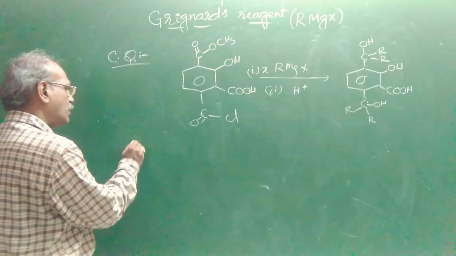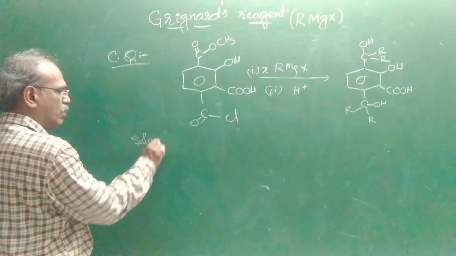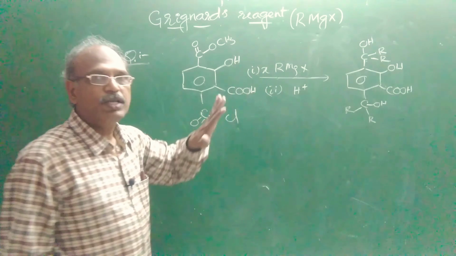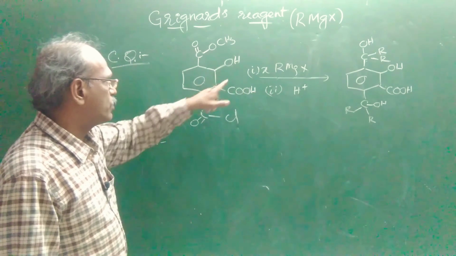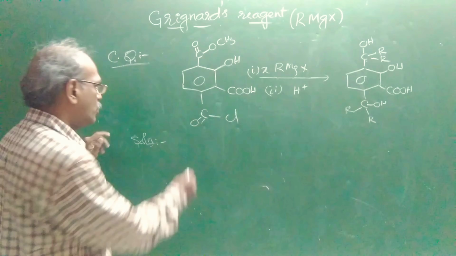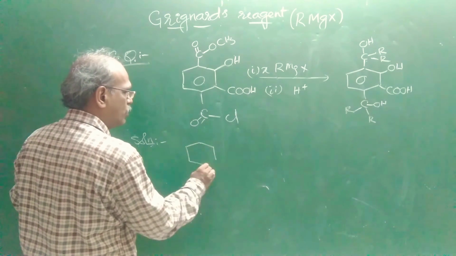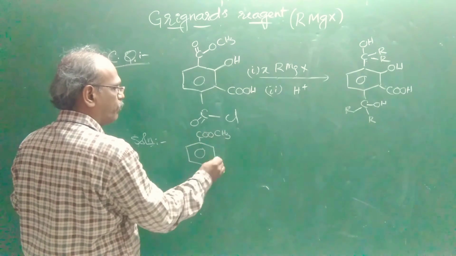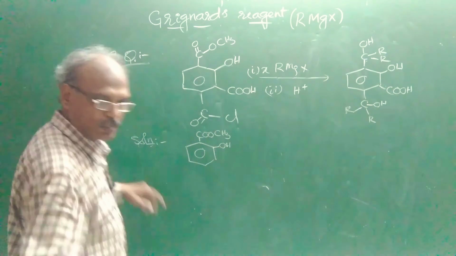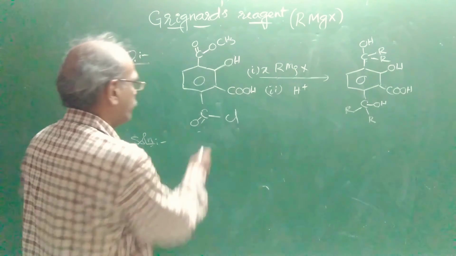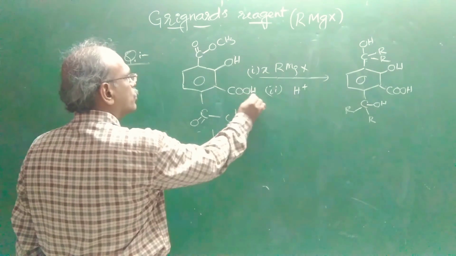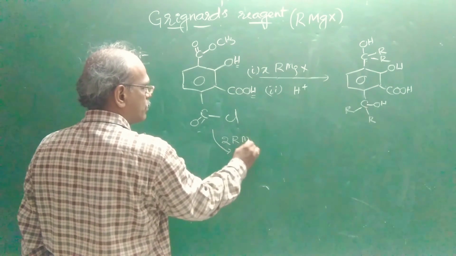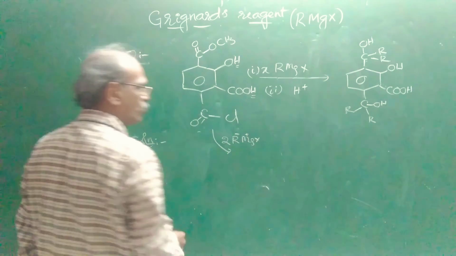See how to solve this problem. RMgX preferentially reacts with acidic groups. There are two acidic groups, so with these two we need 2 moles of RMgX.